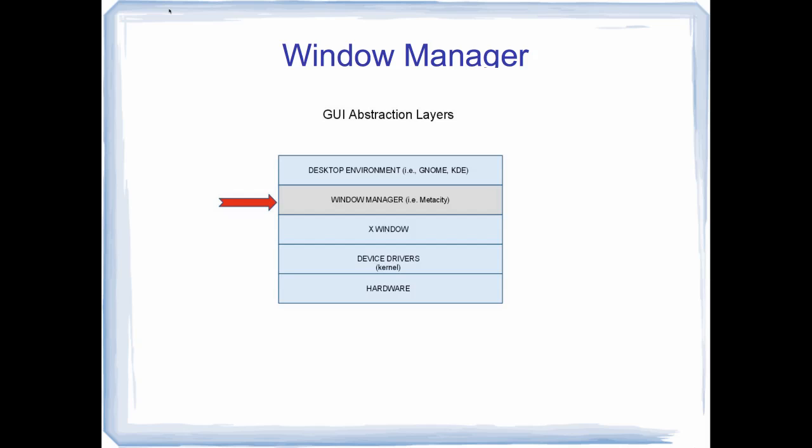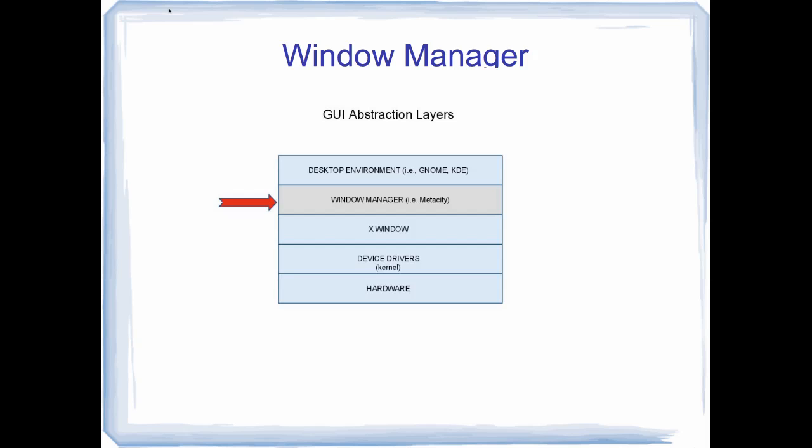Above X-Window is the next layer known as a window manager. Now, X-Window itself, as I said, does all this primitive stuff, like digging the hole, if you will, for the foundation. But in order to be a little smarter about it, we should have a layer above it known as a window manager. For example, if you're using Ubuntu and you've got the default GNOME desktop environment involved, you're going to be using a window manager known as Metacity.